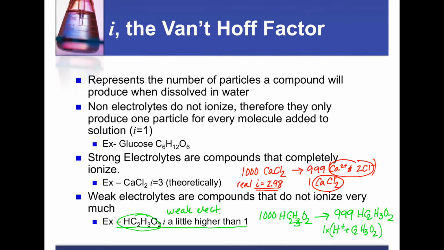Okay. So theoretically, we say that the Van 't Hoff factor is 1. None of them should break apart. We just get 1 molecule for every 1 molecule we put in. But because some statistically break apart, the Van 't Hoff factor is actually just a little bit higher than 1. So maybe something like 1.01 or 1.02. The real Van 't Hoff factor for weak electrolytes is just a little bit higher than 1.